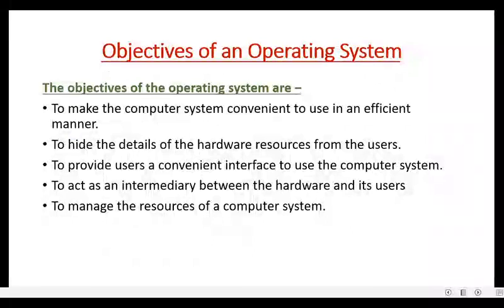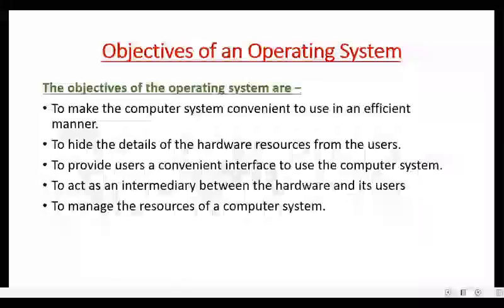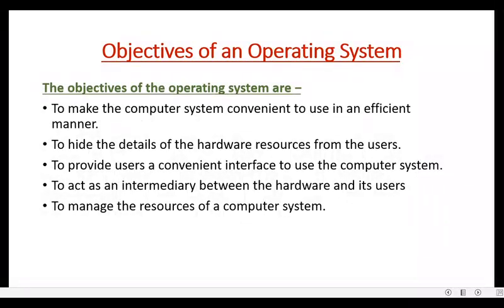But if a person knows well how to manage, using the operating system, he will divide this 1000 GB hard disk space into different drives like local disk C, local disk D, local disk E, and so on. In this way, your hard disk can be managed.